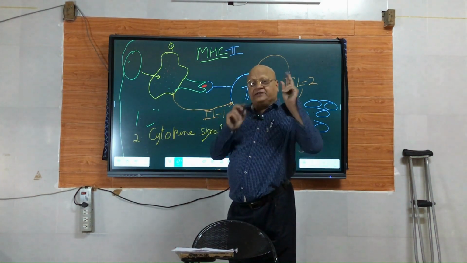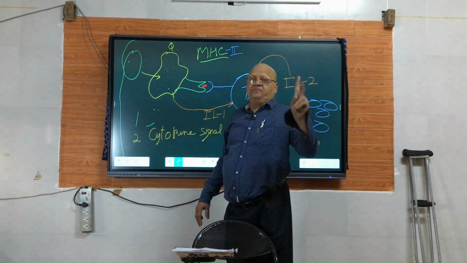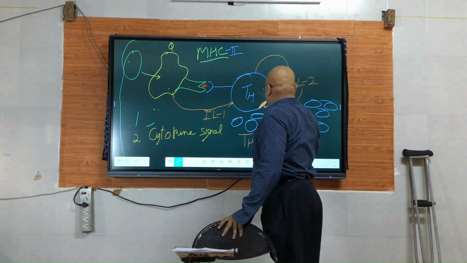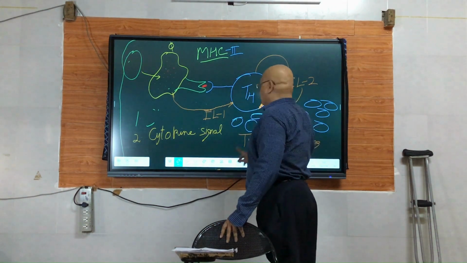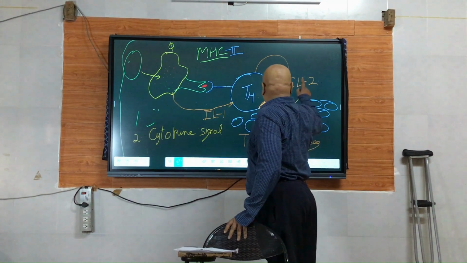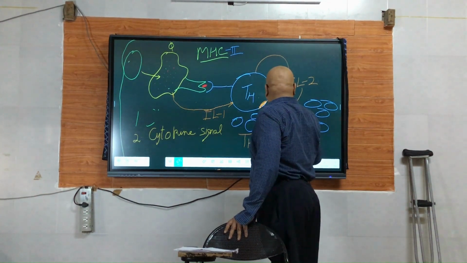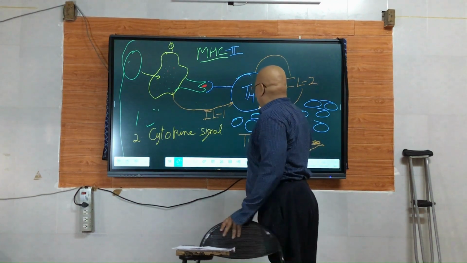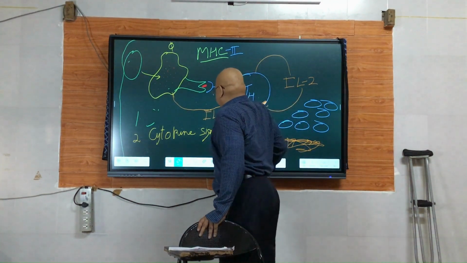The ultimate is clonal expansion. Number two, polarization. Now the TH1, they continue to secrete interleukin 2, whereas TH2, they shift on to production of interleukin 4 and interleukin 5.